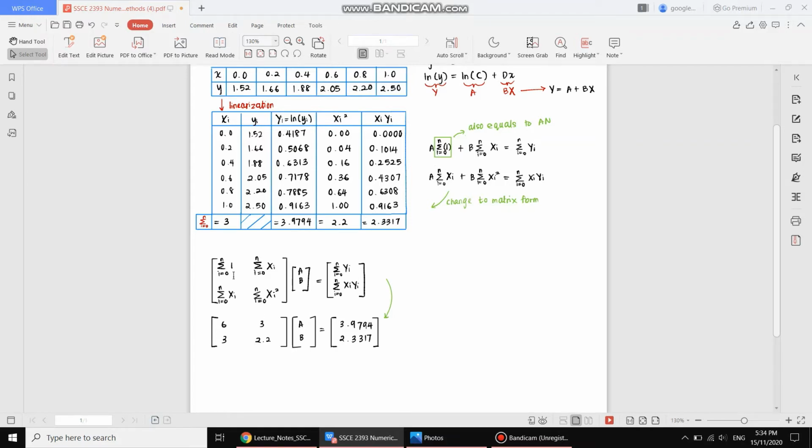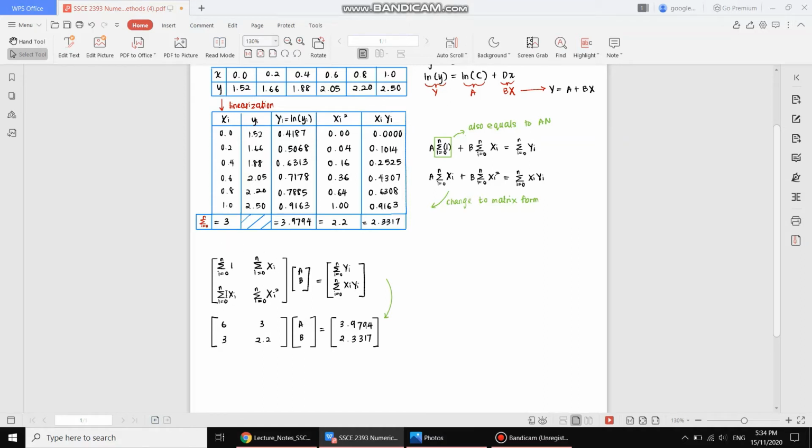Okay, n summation i equals 0 to 1 is 6, and the summation of x1 will be 3, which we obtained through the table we have plotted just now.